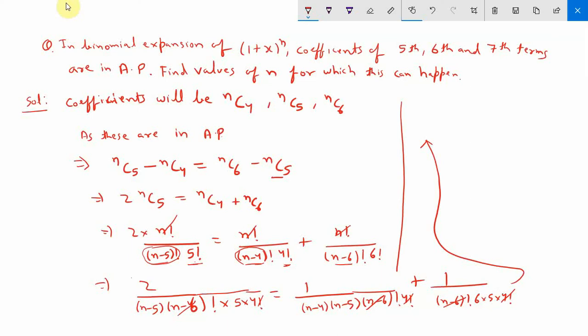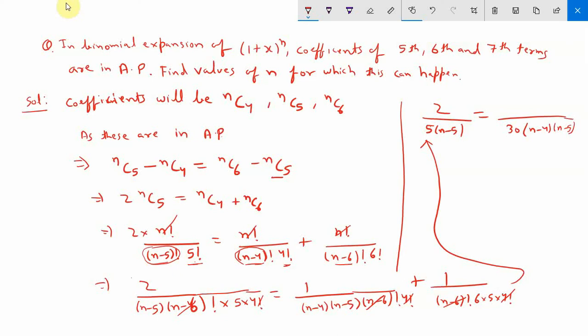Taking the LCM, 2 by 5 into (n minus 5) on this side, and on the other side we have 1 by (n minus 4) into (n minus 5) plus 1 by 30, so the LCM will be 6 into 5, 30, into (n minus 4) into (n minus 5).